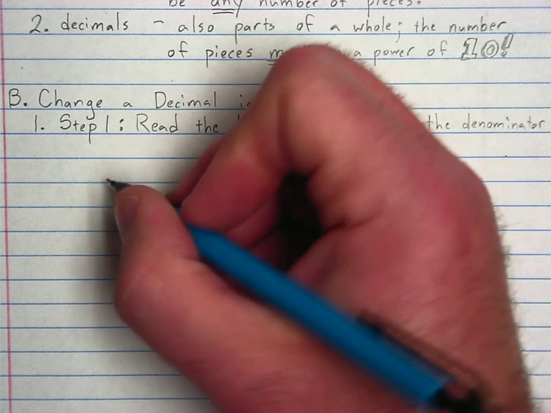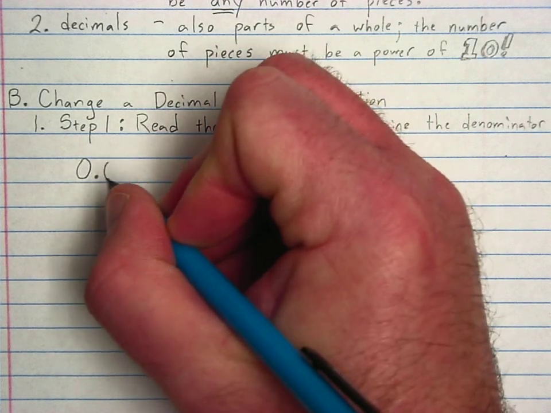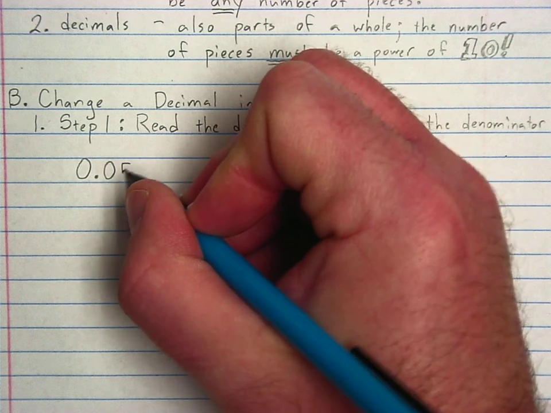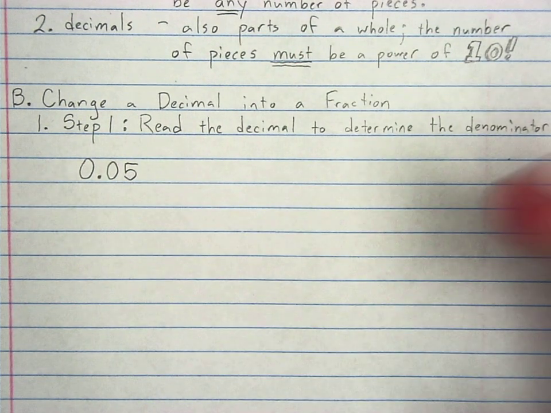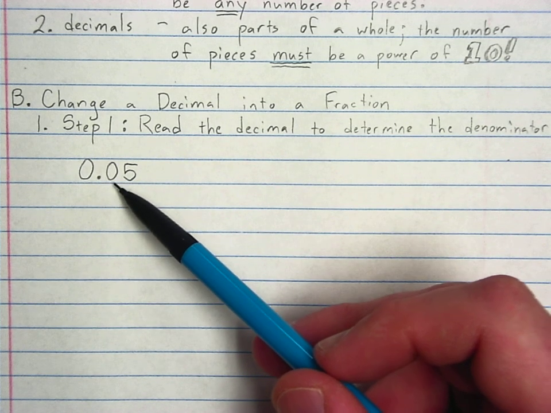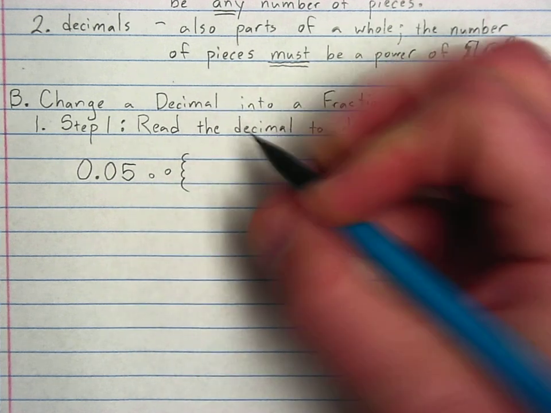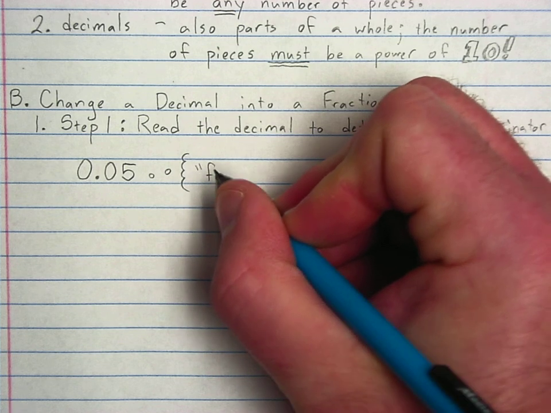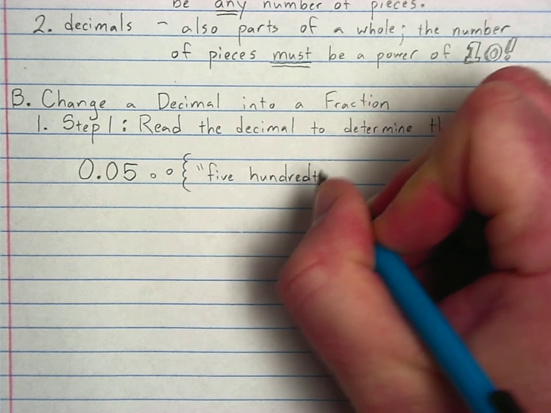Okay. If I give you, for example, this decimal, I had to catch myself right there. I wanted to say 0.05, but that doesn't help us here. We need to look at it and recognize, okay, it goes out 2 decimal places. So I'm thinking to myself, this should be read as 5 hundredths.